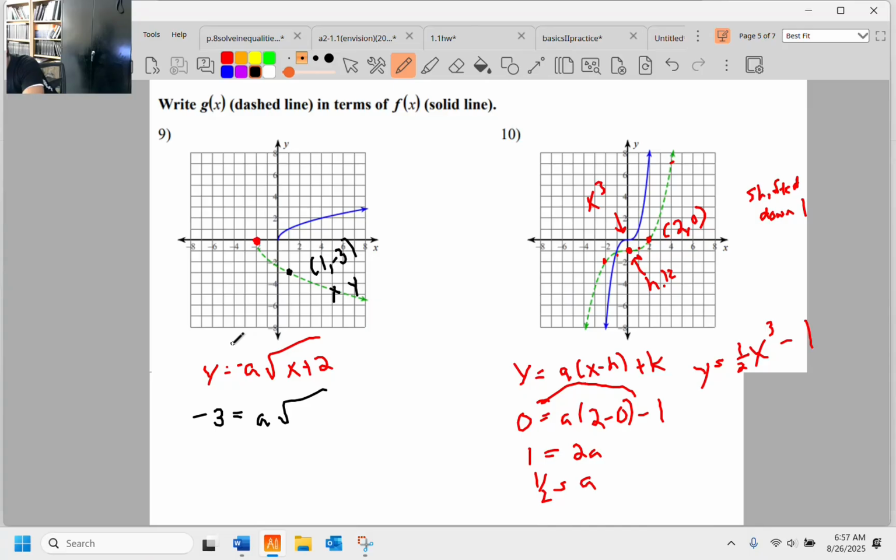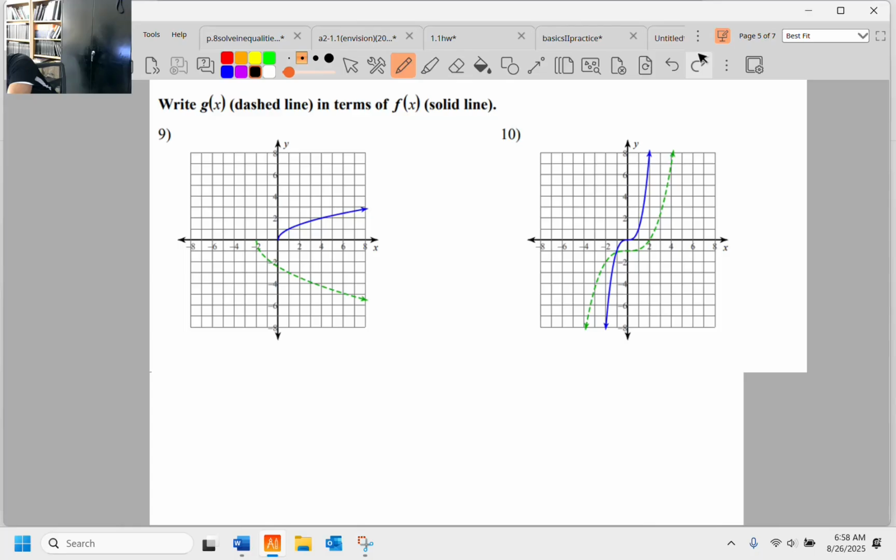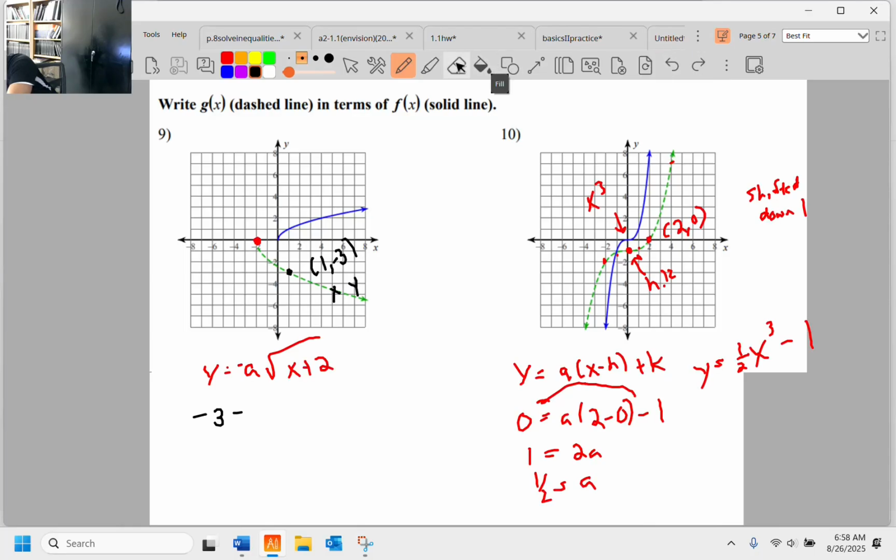Ugh, that's horrible. Is there a better pair? The reason I'm saying that's horrible is I'm about to get the square root of 3. That is an absolutely atrocious value.